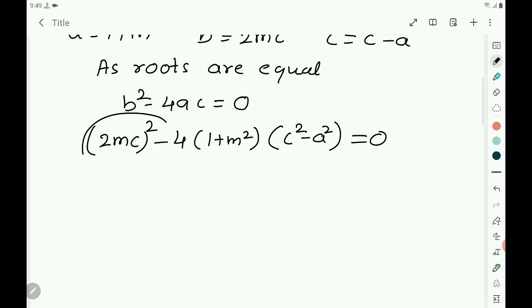Then the square of 2mc: (2mc)² is 2² is 4, m² is m²c². Minus, write 4 as it is.